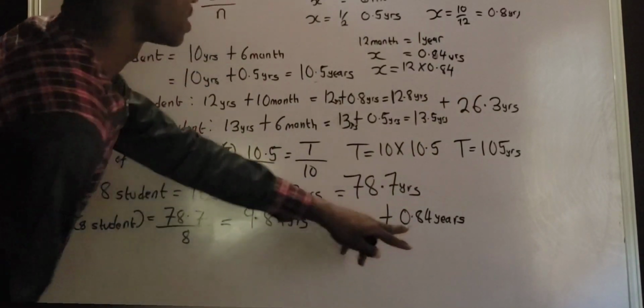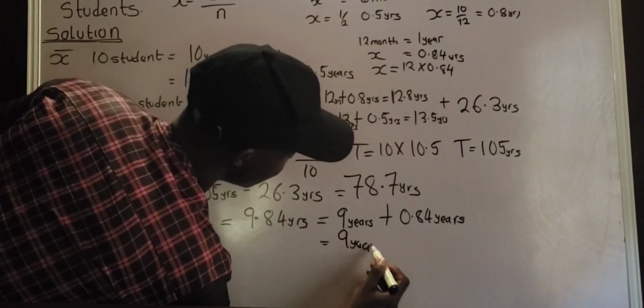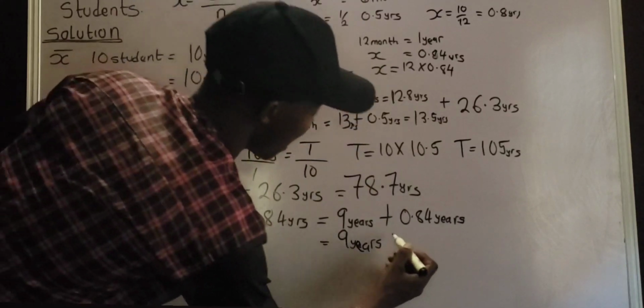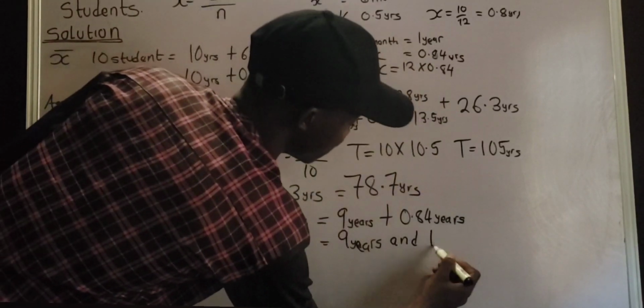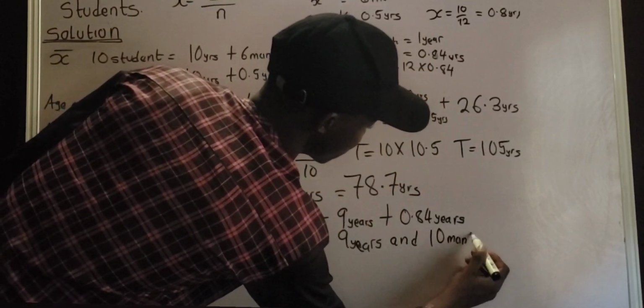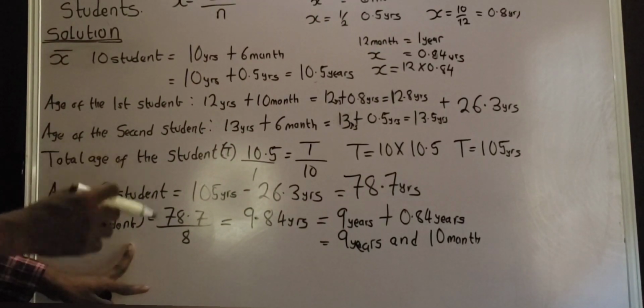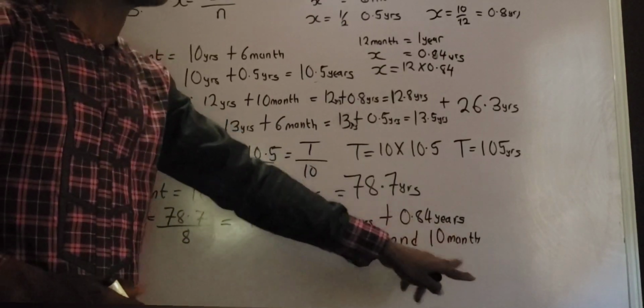If you multiply 0.84 by 12, you are going to get 10 months. So the mean age of the 8 students is what? 9 years and 10 months.